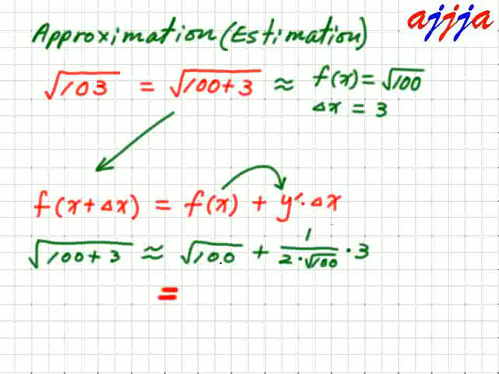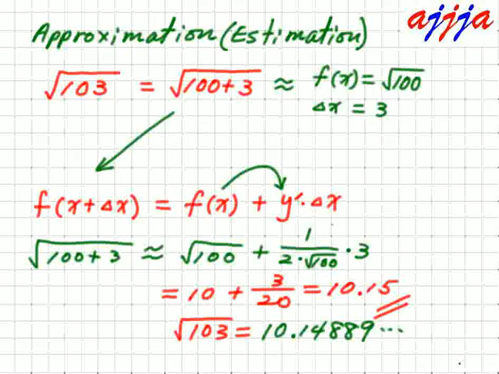In this case that's 10, very simple. Plus, this one is also 10, 10 times 2 is 20, and 1 times 3 is 3, so 3 over 20. So then 10 point, all you have to do is 3 divided by 20, that's 0.15.